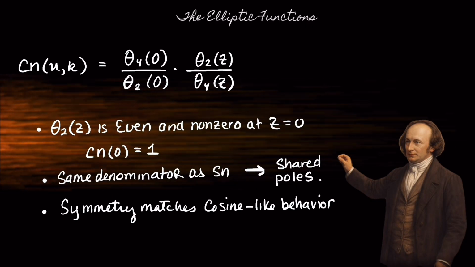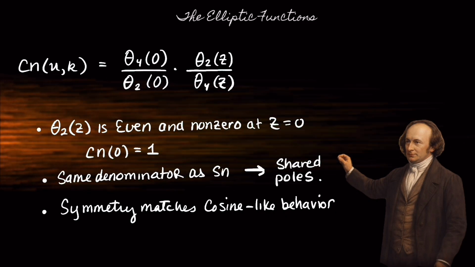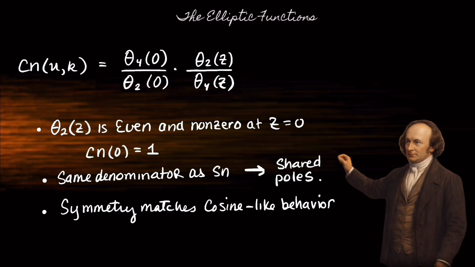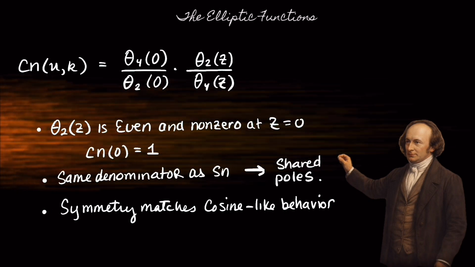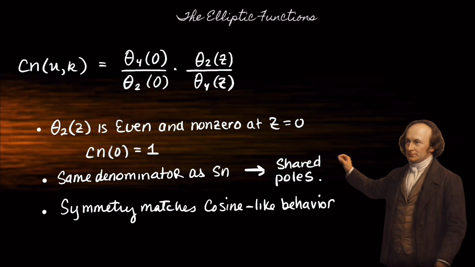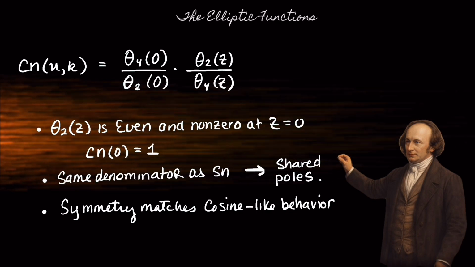We then define cn of u and k as the ratio of theta 2 over theta 4 normalized by the constants theta 4 over theta 2. This is an even function, non-zero at z equals 0, and satisfies cn of 0 equal to 1. The same denominator as the elliptic sine function, so they have shared poles.